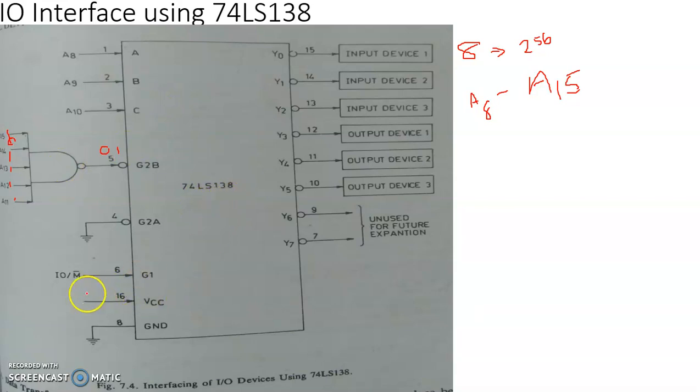So to G1, you have the first check, the IO bar M bar line, connected. When this is going high, the address is meant for an IO device, then this chip will be selected. And further, you have all these address lines A15 to A11 that must be high, so that this device decoder will be selected.